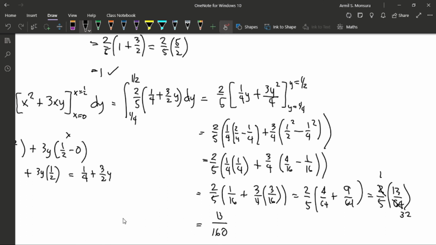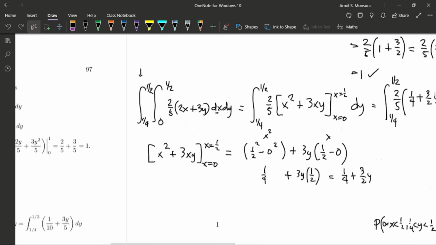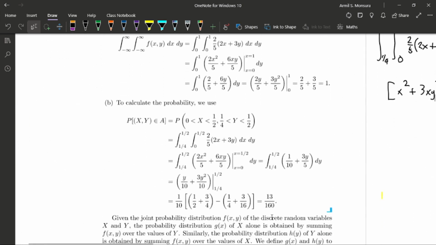So the probability now that your x would assume a value between 0 and 1/2, and your y would assume a value between 1/4 and 1/2, okay, is 13 over 160. Ayun. So it's 13 over 160.